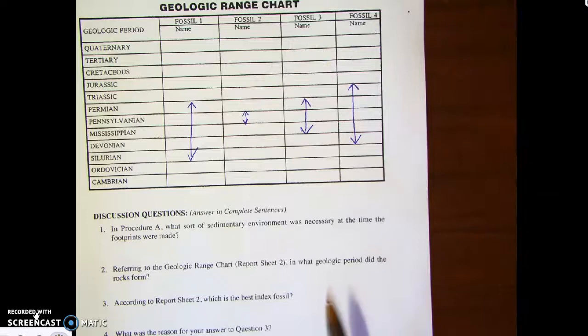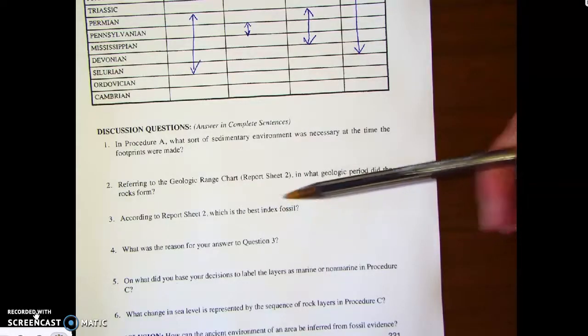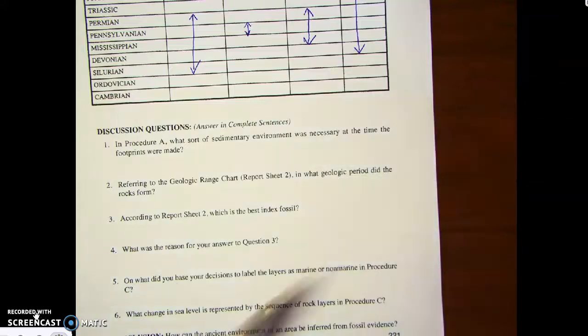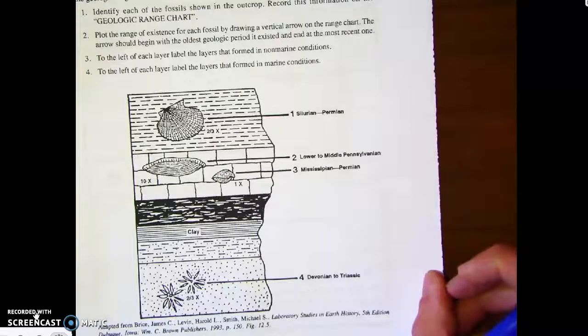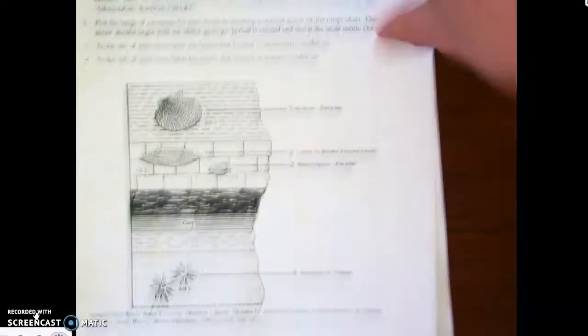So for this one, the Pennsylvanian period was the only time period where all four creatures lived at the same time, which means that to have a rock sequence where all four creatures can be found, it had to have occurred at Pennsylvanian time.